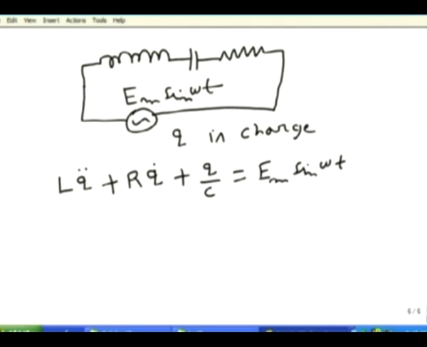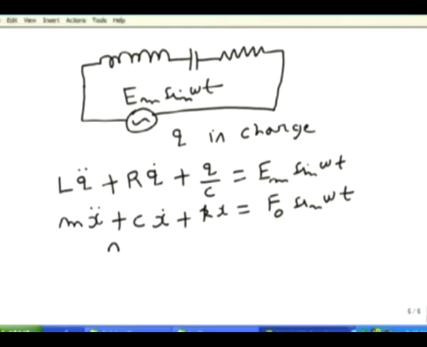Now, compare this equation with the equation of the spring mass dashpot system, m x double dot plus c x dot plus k x equal to F0 sin omega t. Instead of the sinusoidal force, we have the voltage. Instead of x, we now have the variable q, the charge.